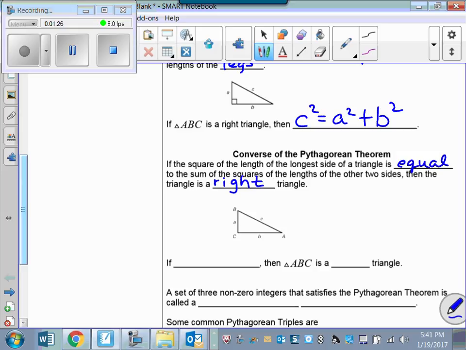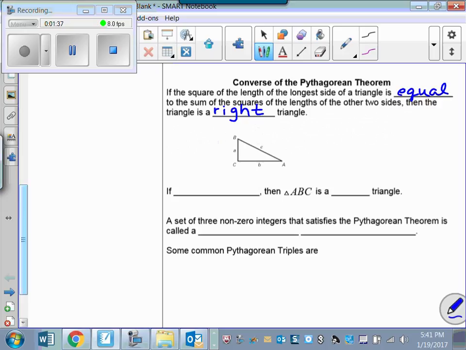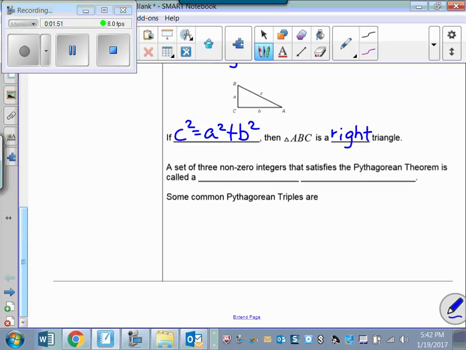So if you were trying to use Pythagoras to prove that a triangle was a right triangle, then you'd have to use the converse of the theorem. In this case, the converse says if c squared equals a squared plus b squared, then I know triangle ABC is a right triangle. Simple as that.